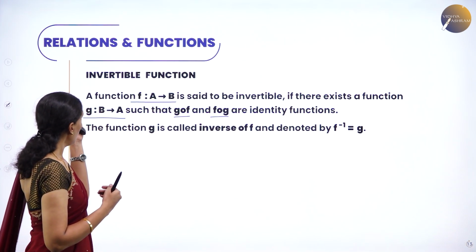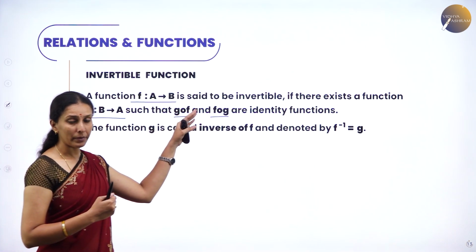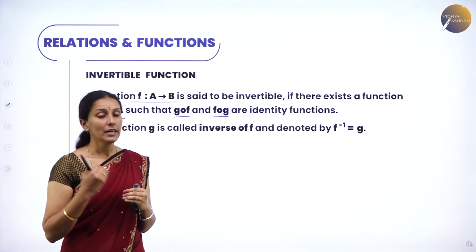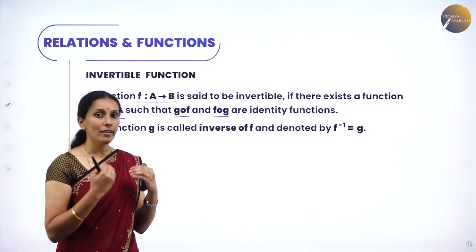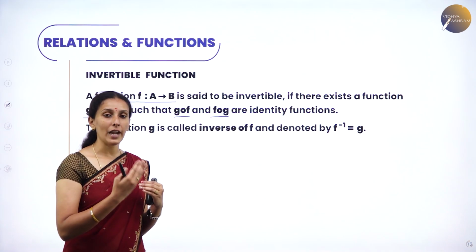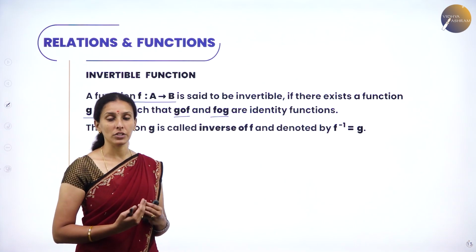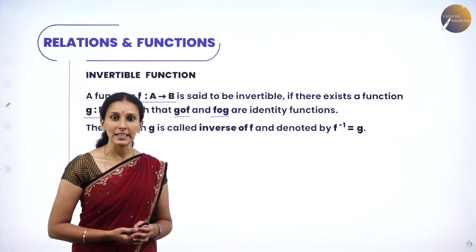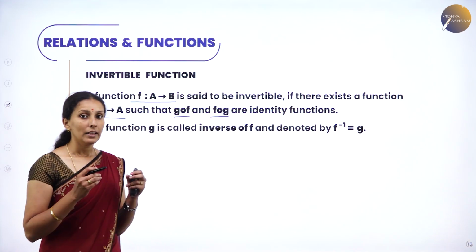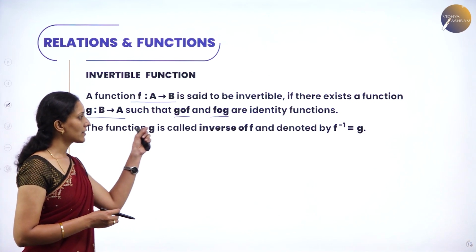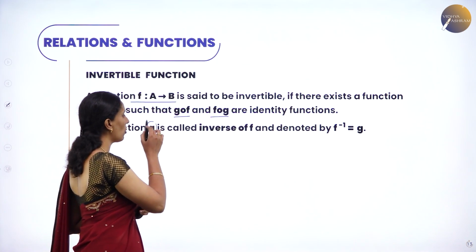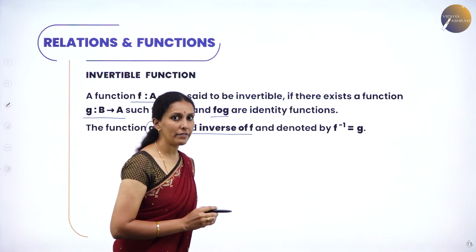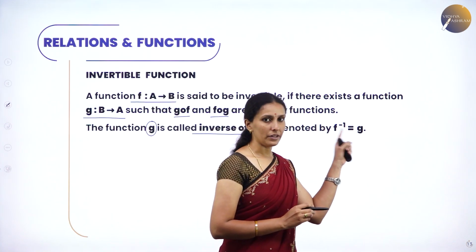Thus, for a function f from A to B, if there exists a function from B to A, such that f naught g and g naught f are identity functions, then we say that it is an invertible function. The function g is called the inverse of f. We call g as inverse of f.